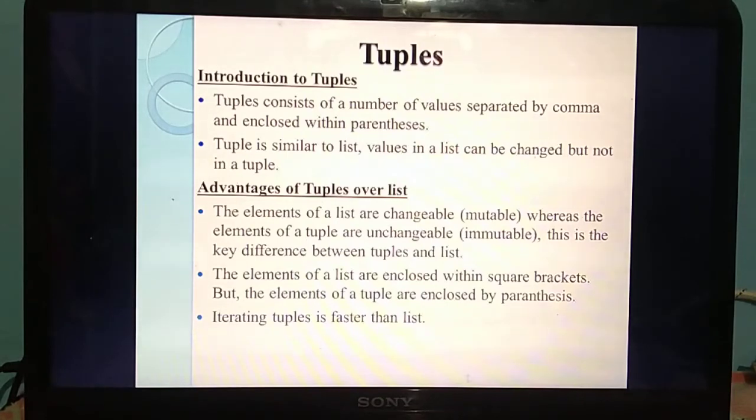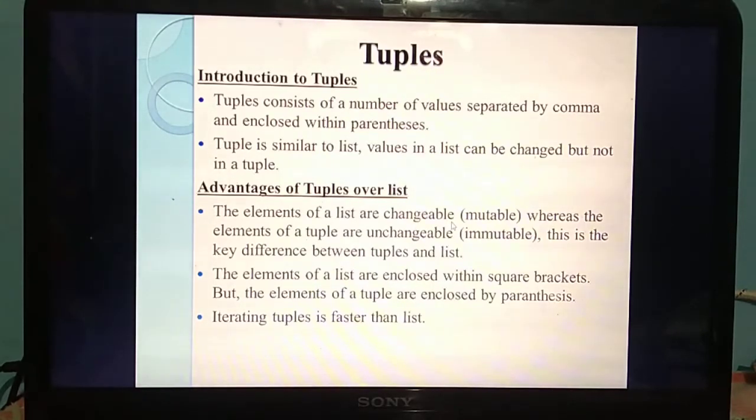Next, the advantages of tuples over lists. What advantages are there in tuples compared to lists? Listen. The first point we have already studied. Elements in a list can be changed, that is mutable. What's the other name for changeable? Mutable.